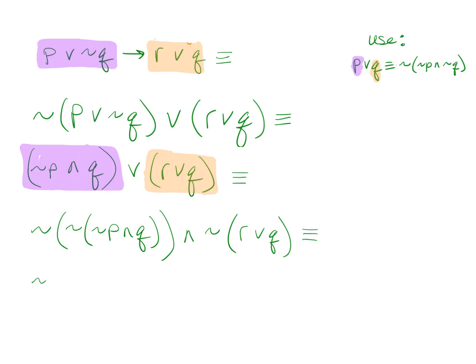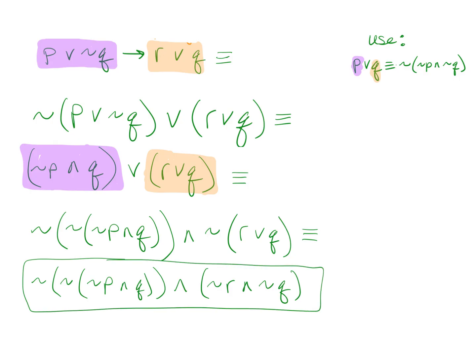So I have not P and Q, and not R and not Q. Now I'm just going to go back and highlight. Anywhere I had a P, I highlighted in purple here. I'm going to continue through and do that highlighting again.